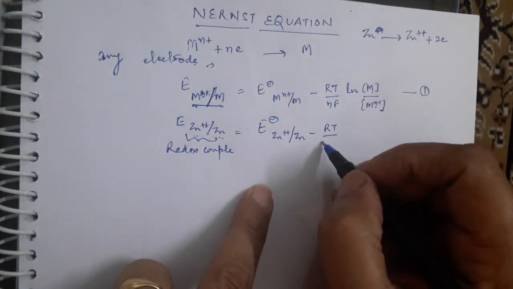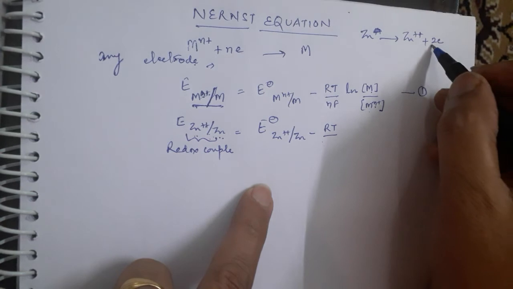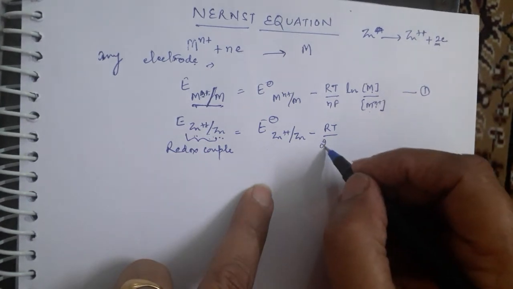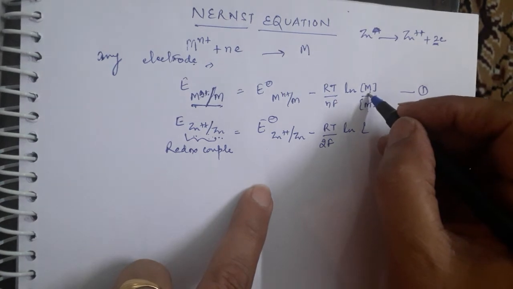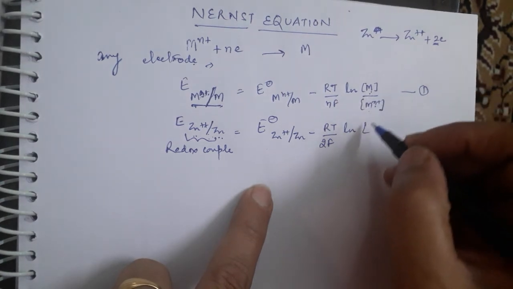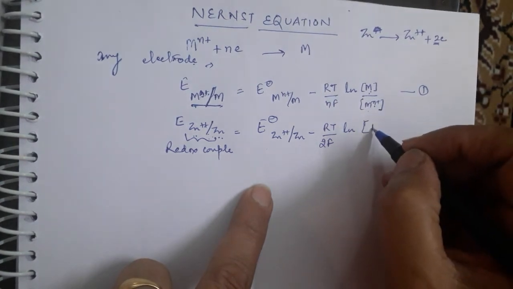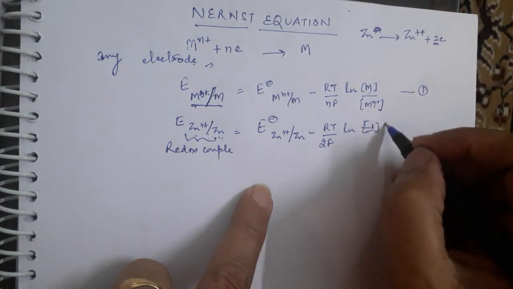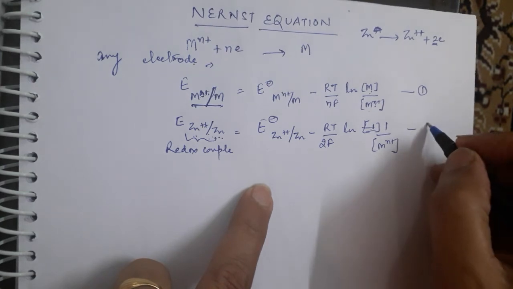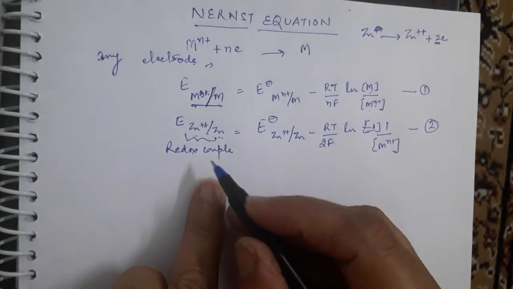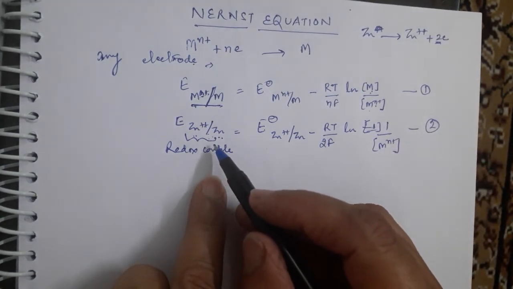How many electrons have been transferred here? 2 electrons. So 2F natural log. The activity of a metal solid is taken to be 1, so it is 1 upon Mn+. This is for any electrode, say, for example, the zinc electrode that we have taken for the galvanic cell.